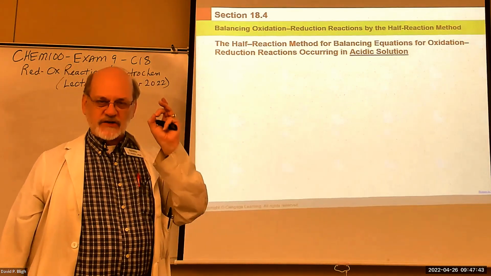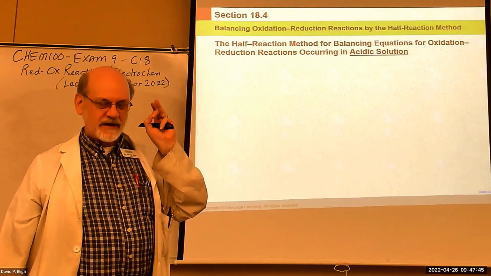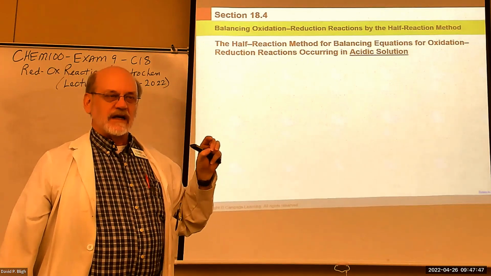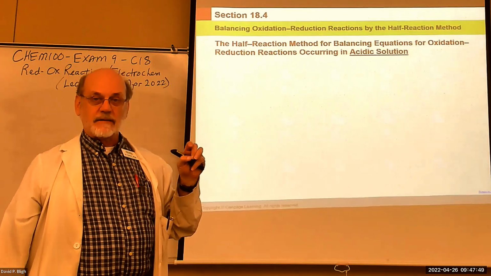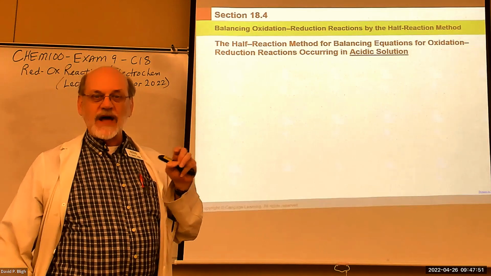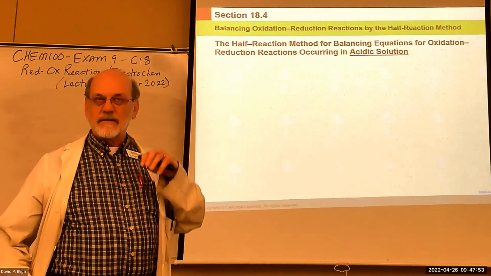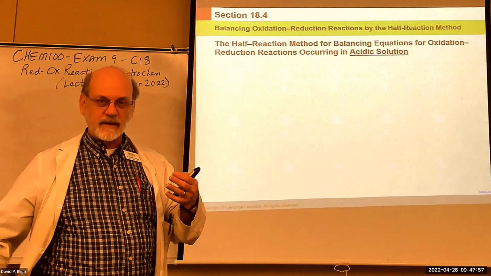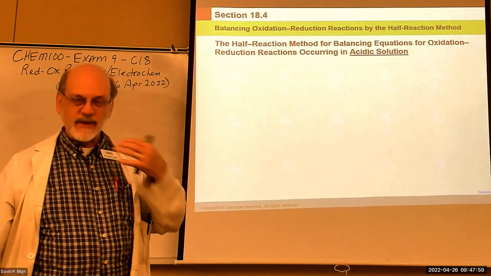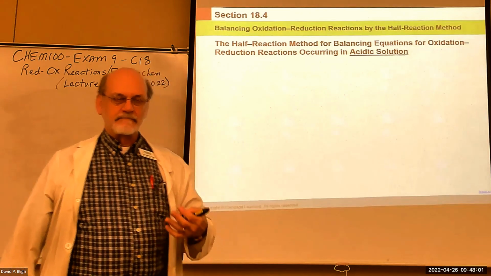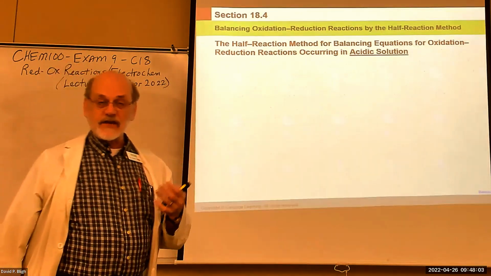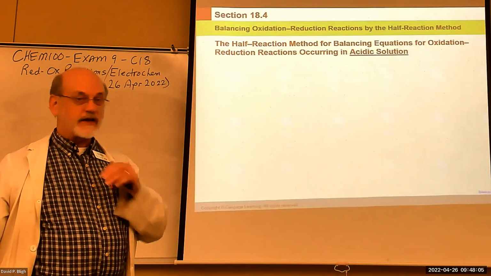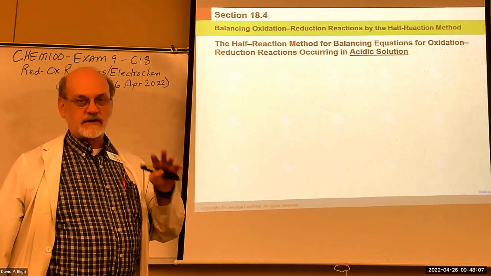The null situation, the 0 method selection, is if you have no acid, no base, or you have no oxygen and no hydrogen involved. You don't have a pH change. In that case, you can do the half reaction without introducing oxygen or hydrogen to make water.